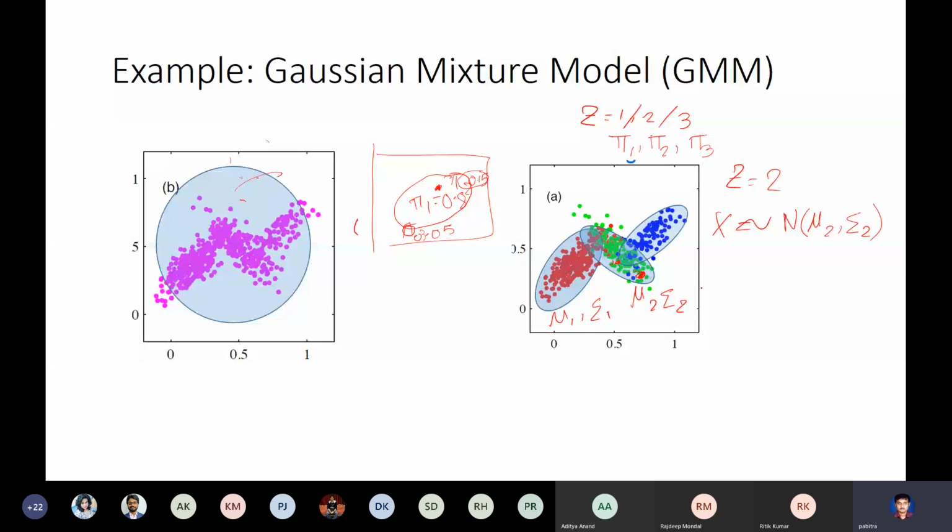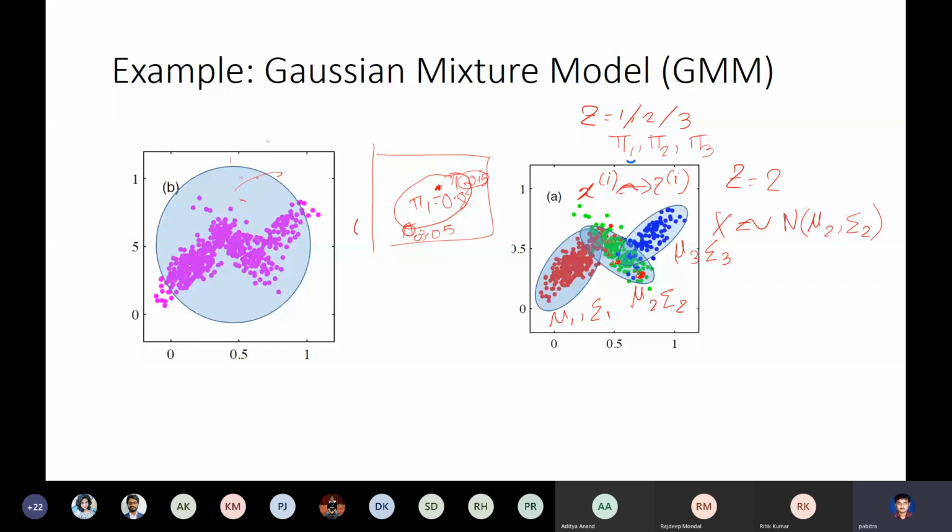Then given a point xi, it is very easy to find zi. If I give you xi, you can easily find the latent variable zi.